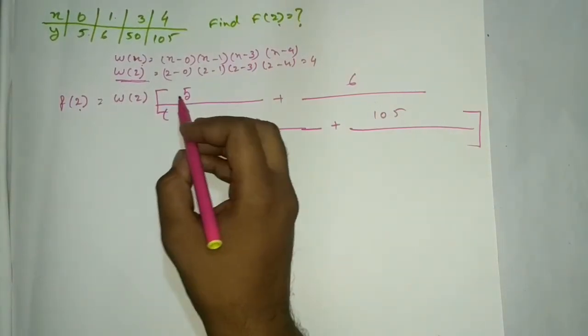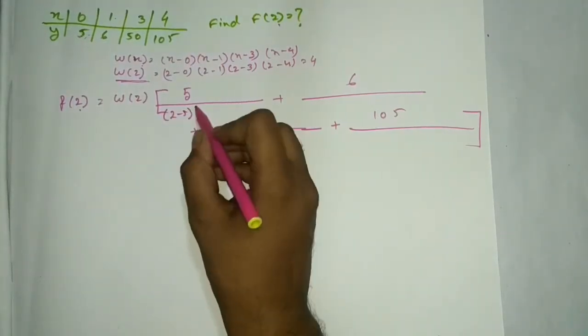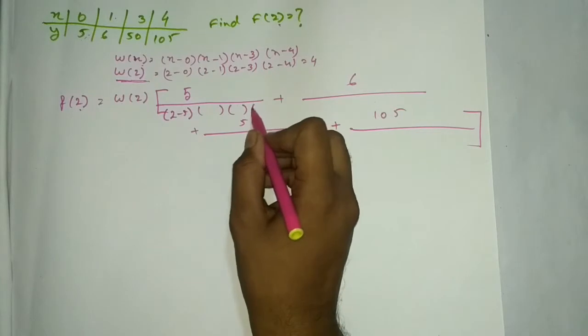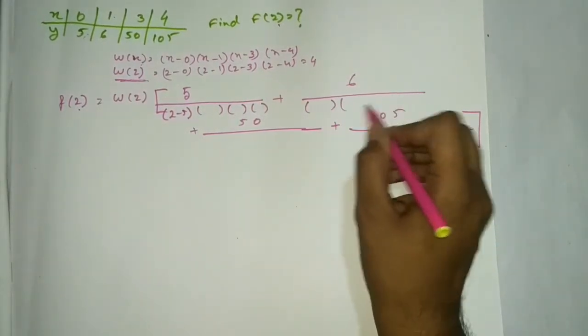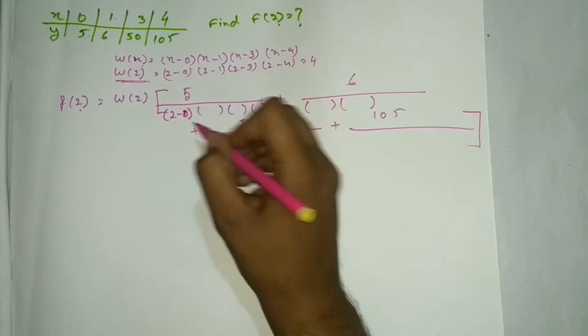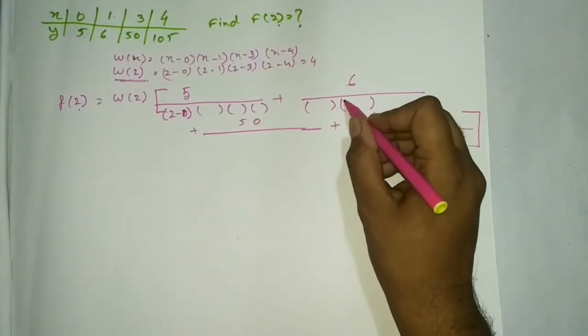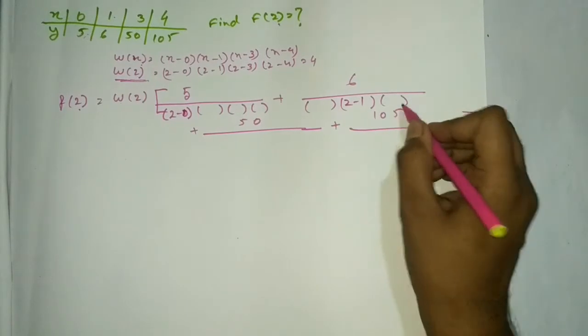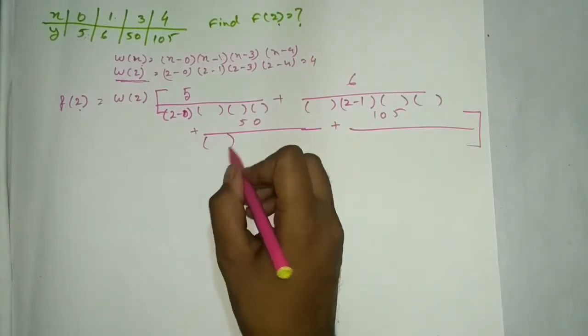Now for the first part, in the denominator, the first term will be 2 minus 0, because the x value is 0. And for the second part, in the denominator, in the second position, write 2 minus 1.